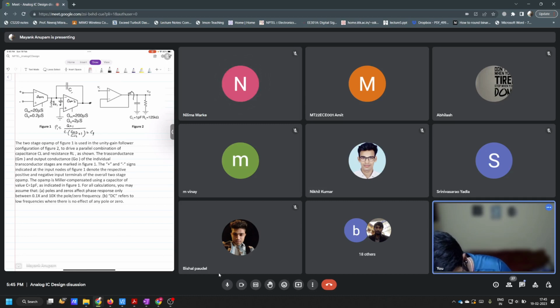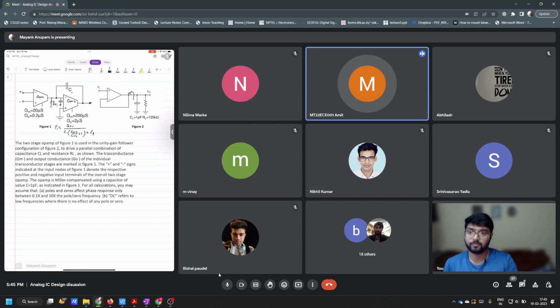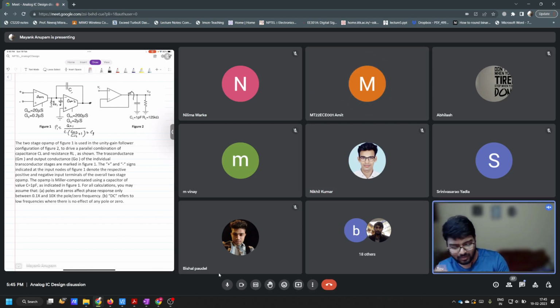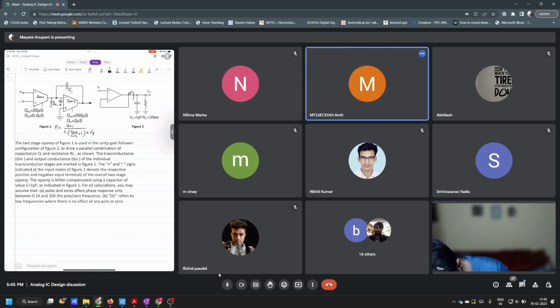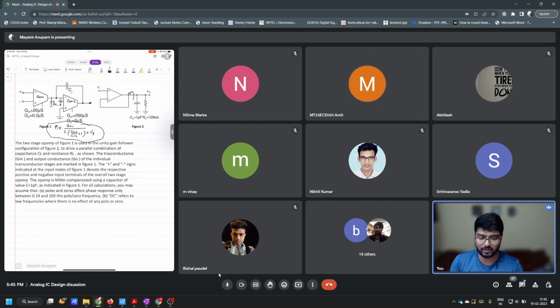Sir, while solving the problem, will we consider approximate pole or full pole value? You can consider approximate pole based on the question that they ask. If it is asking up to 3 or 4 decimal places, generally people when they talk about pole location P1, this is the expression that they are concerned with.